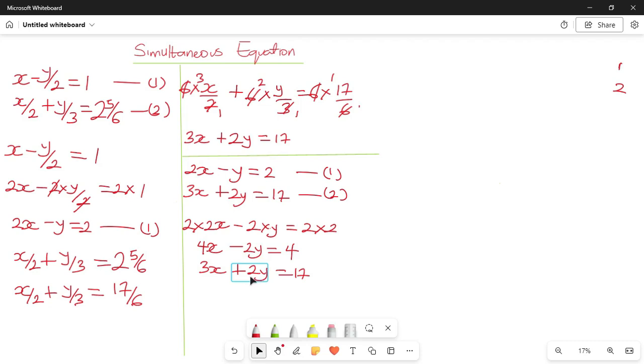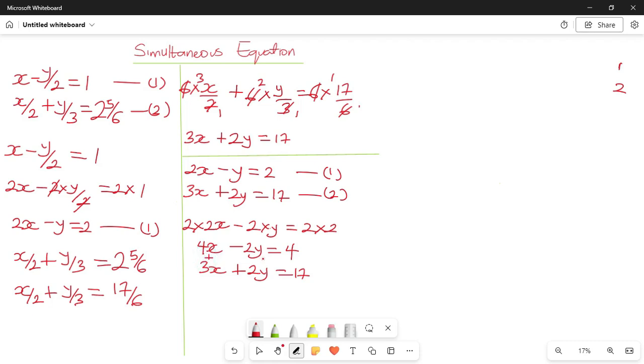Like I said earlier, don't look at your x, because here you have plus 4x and plus 3x. You are not trying to eliminate x, so come to y. We have minus 2y and plus 2y, so we have different signs, and the rule says if the signs are different, you add.